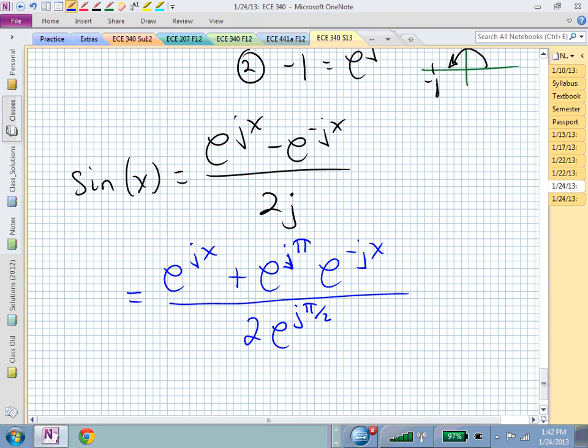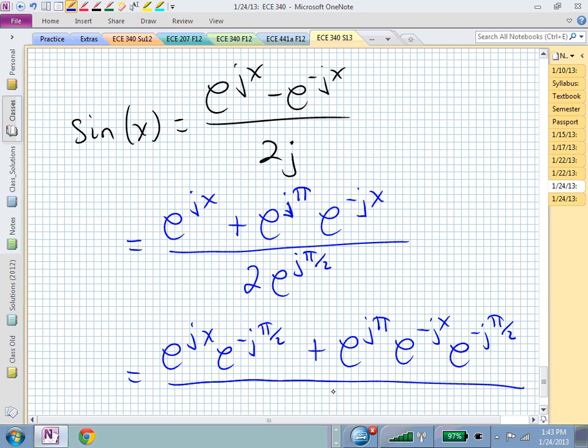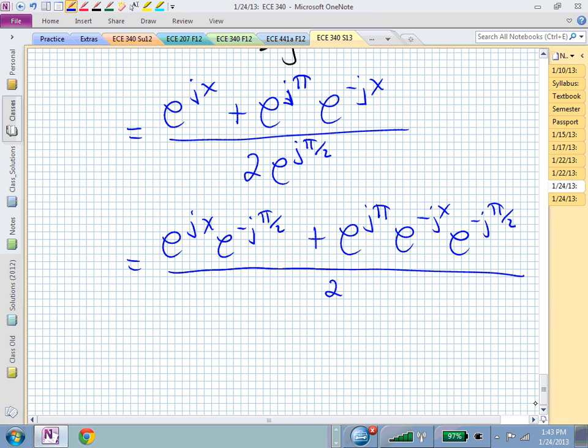I can now rewrite this as e to the jx, e to the minus j pi over 2, plus e to the j pi, e to the minus jx, e to the minus j pi over 2, all over 2. All I've done is multiply by 1, and that's a legitimate operation.